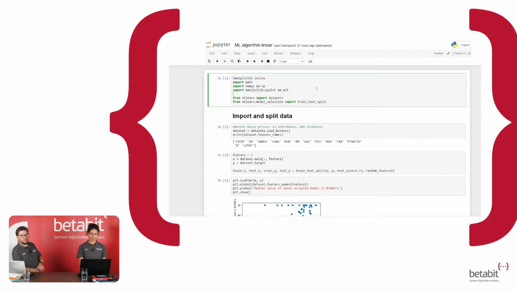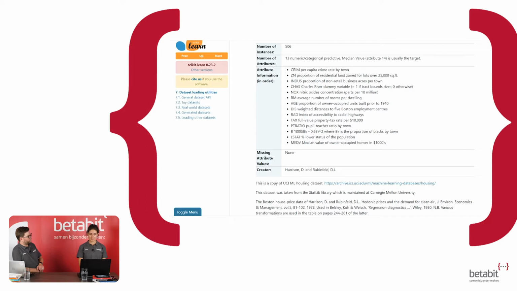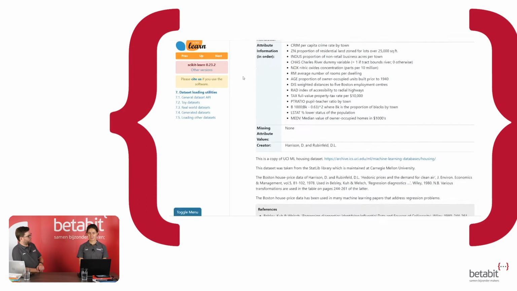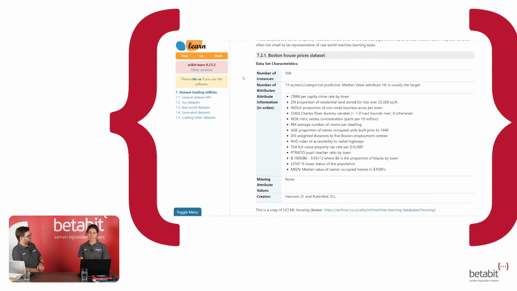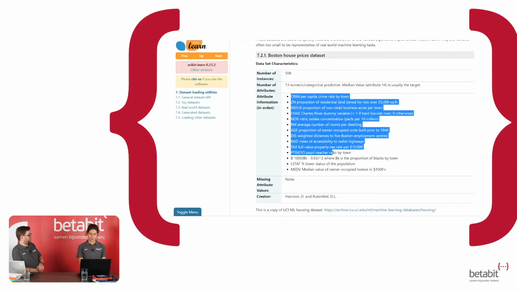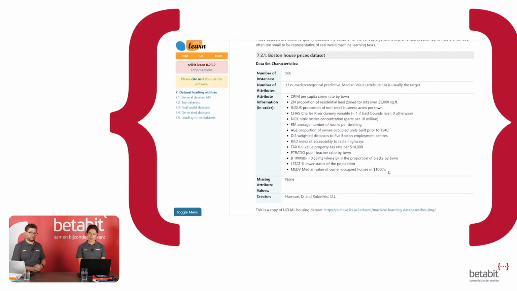And I'm using datasets from Scikit-learn, and I'm now going to use the Boston house prices dataset. So that's a dataset which gives you the price as a label, and then it has 13 different predictors. Yeah, it has 13 different features that you can use.